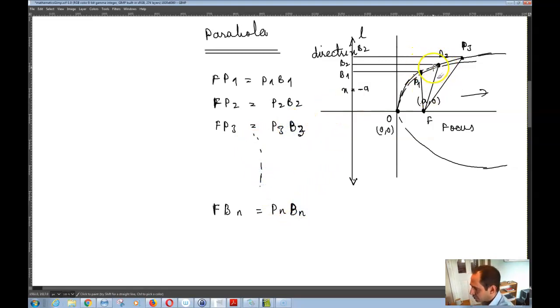It simply means that for any point you pick on this parabola, the distance of that point from the focus is equal to the perpendicular distance of that point from the directrix. That's all that it means.